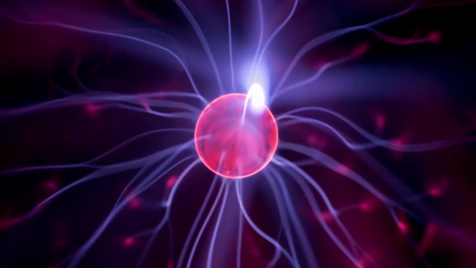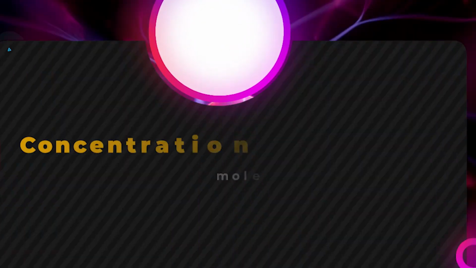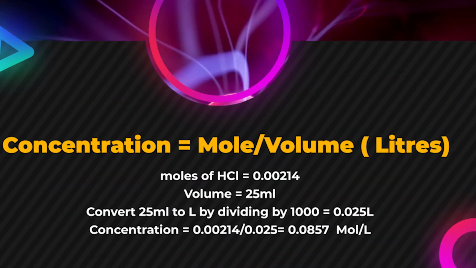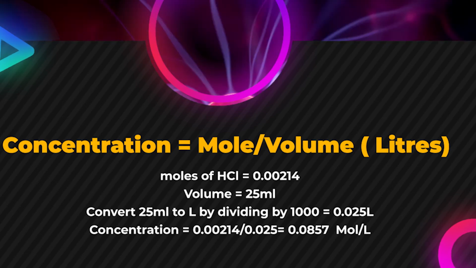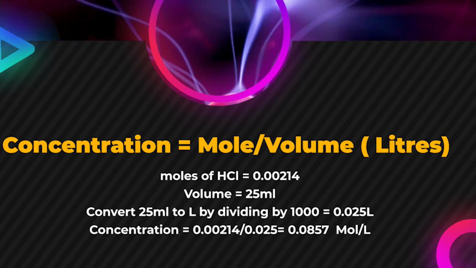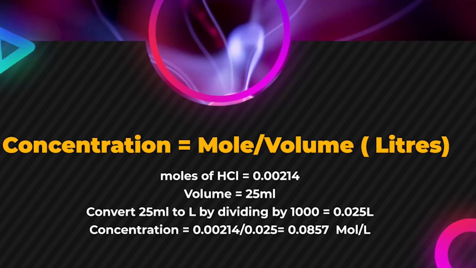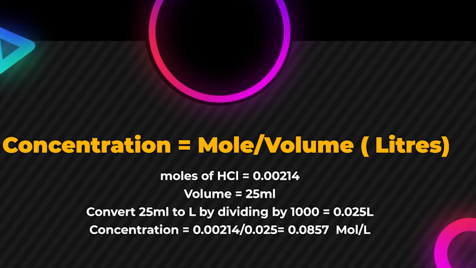Next, we need to find the concentration of hydrochloric acid present in the flask. Molar concentration is equal to moles divided by volume in liters. Remember, the volume of hydrochloric acid that we added to each conical flask was 25 milliliters. So, to convert this to liters, we simply divide by 1,000.